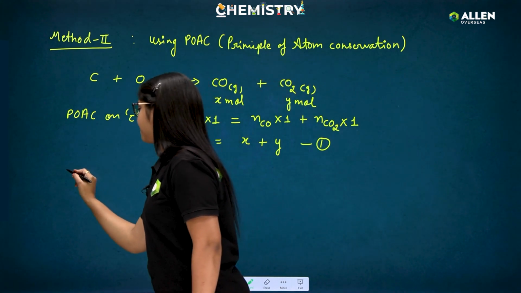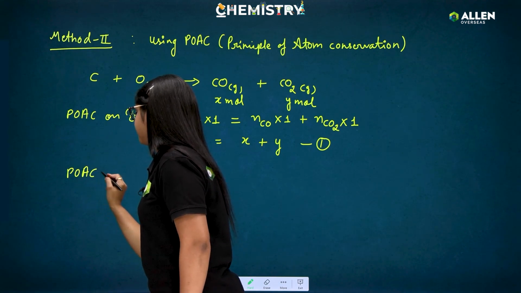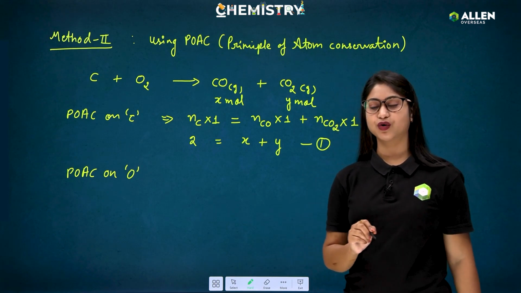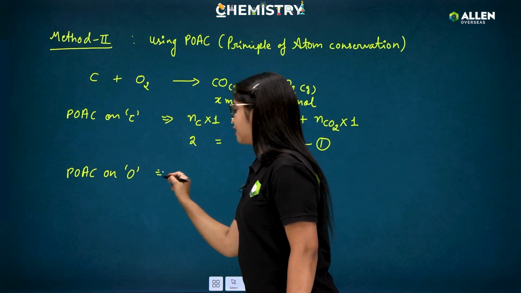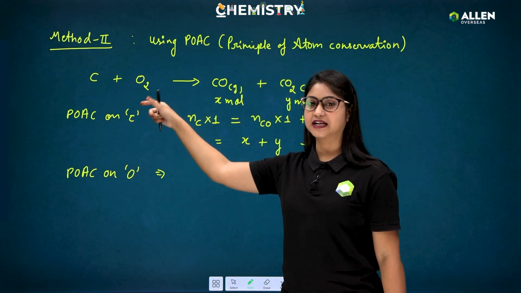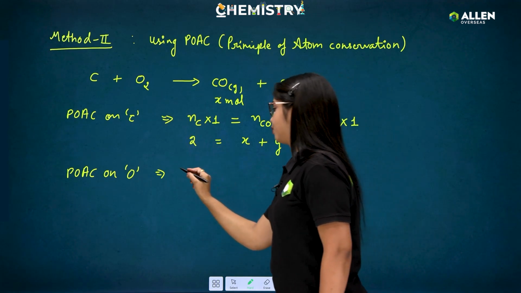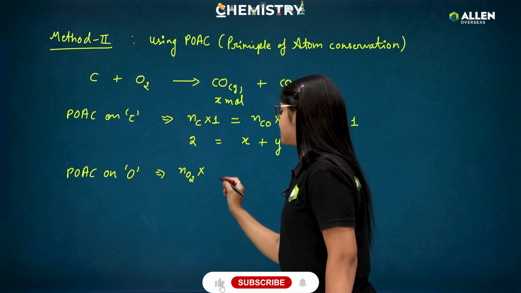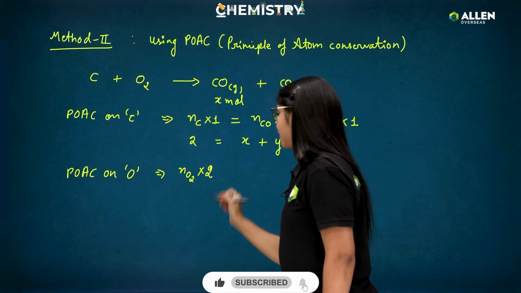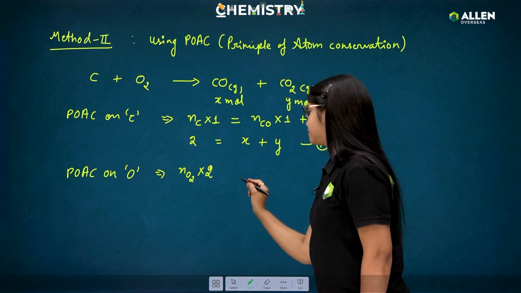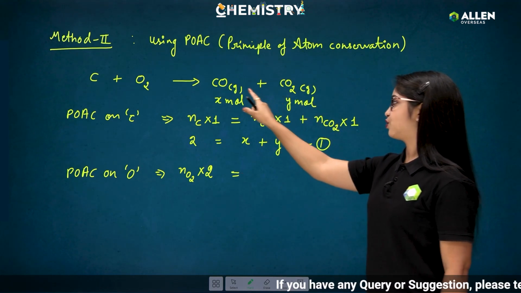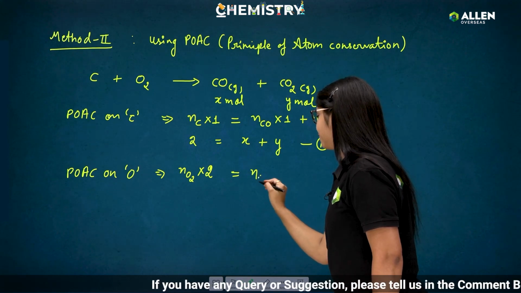Similarly, we can apply the POAC on the oxygen atom. Total moles of oxygen atoms at the reactant side: moles of O2 into atomicity of oxygen in this molecule, that is 2. So n of O2 into 2 will be equal to moles of oxygen at the product side.